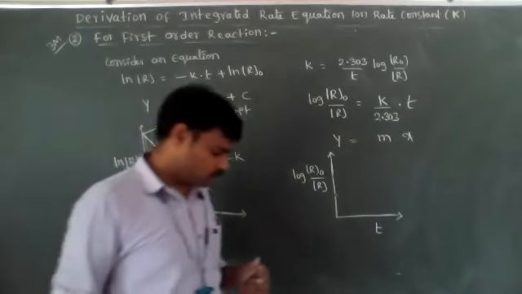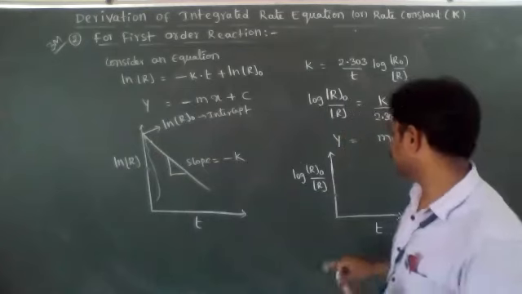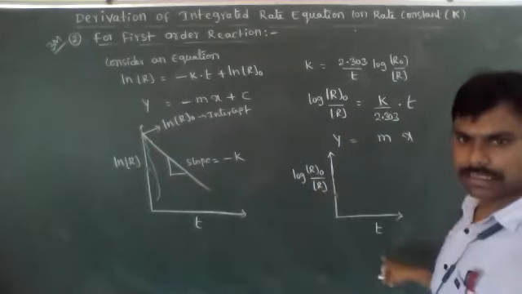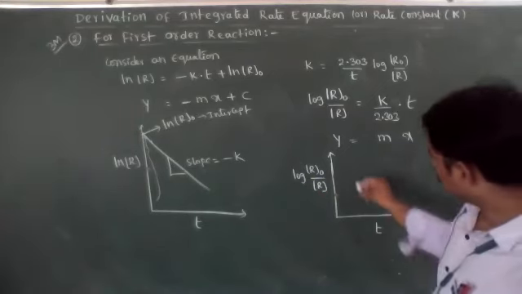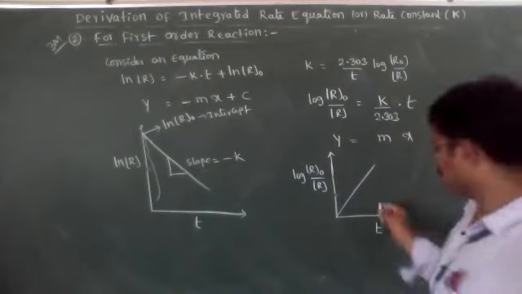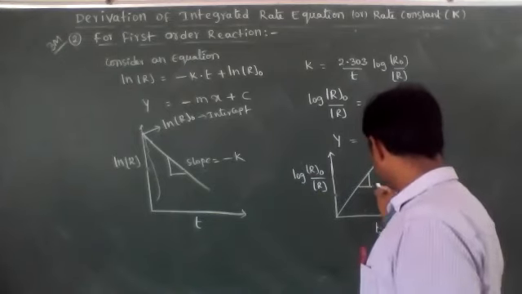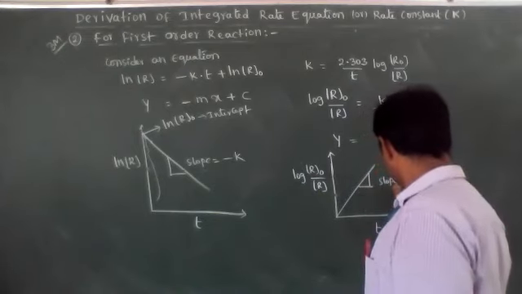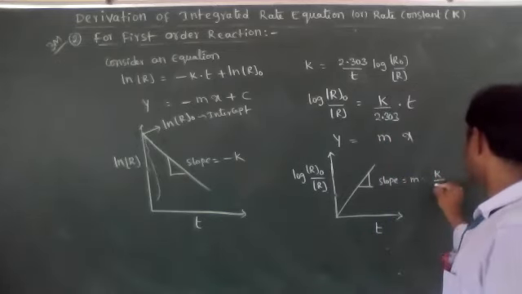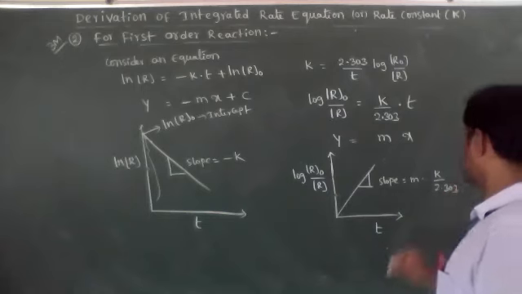For log R naught by R with respect to time, the graph is y equals mx, the line comes like this, and the slope m equals k by 2.303.